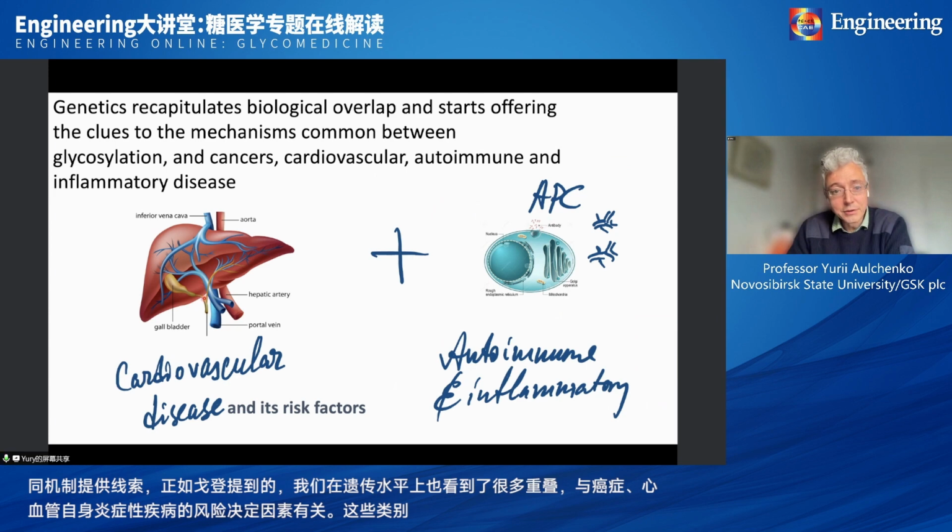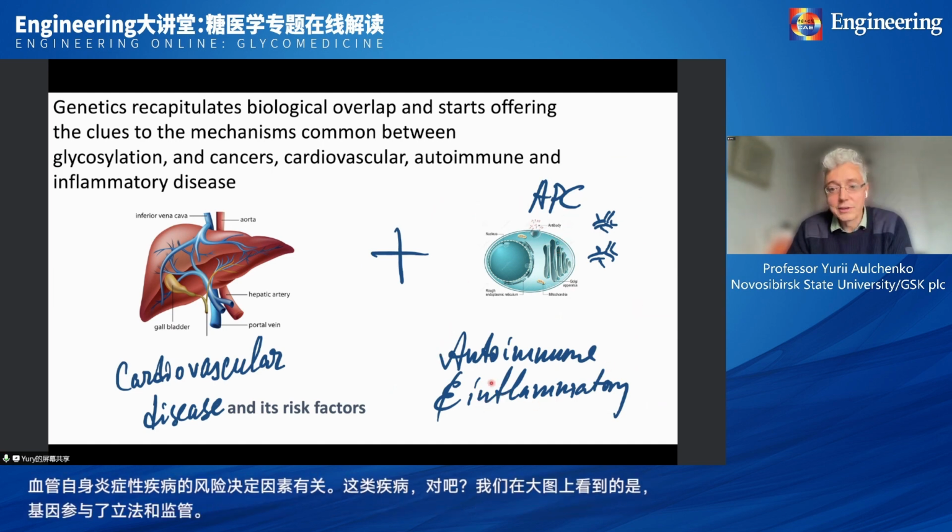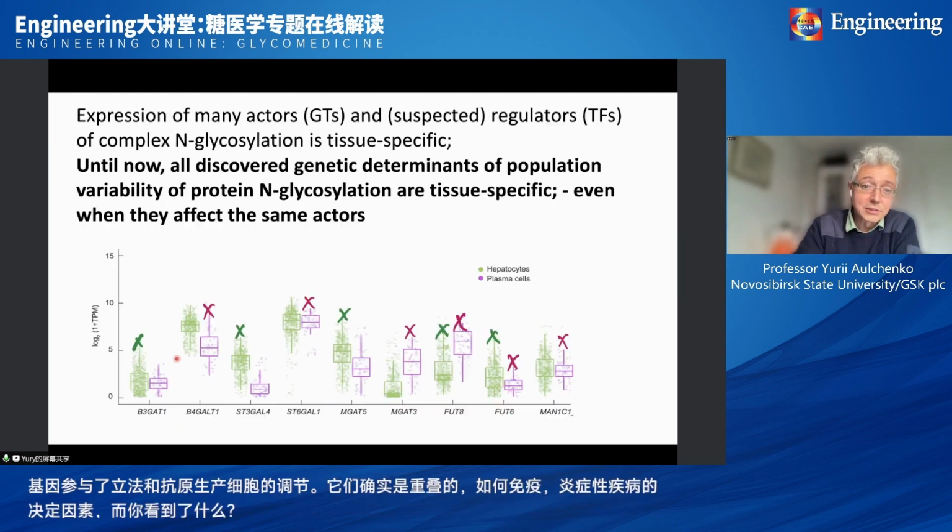What we see in the big picture is that the genes involved in regulation of glycosylation in antibody-producing cells overlap with autoimmunity and inflammatory disease determinants, while what we see for liver is more towards cardiovascular disease and its risk factors.